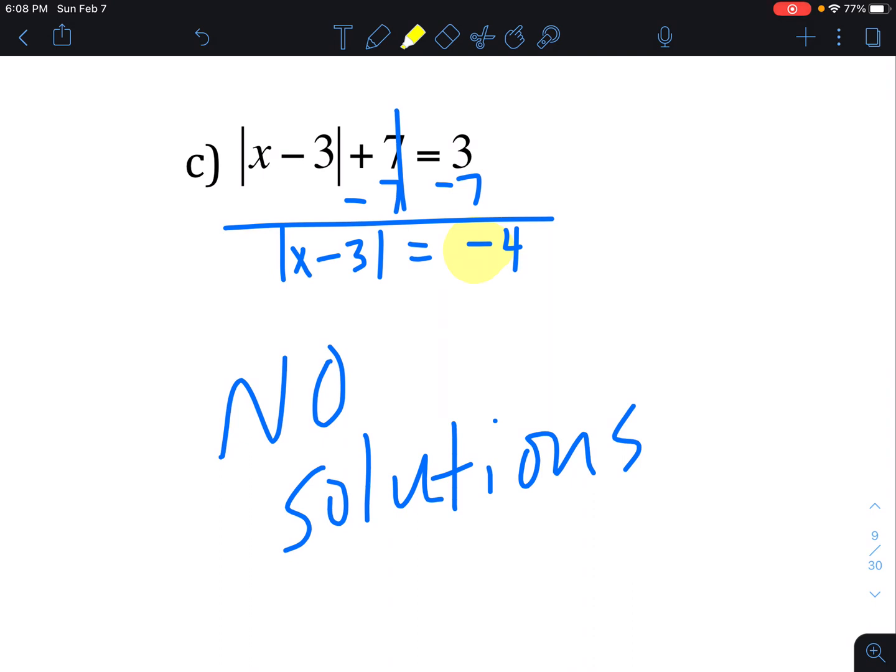When you learned about absolute value, you must always get a positive answer, but it's showing a negative 4, meaning there's nothing you can plug in for x that when you subtract 3 and then take the absolute value of it, that you would get negative 4. It's physically impossible. If you think you can figure it out, good luck.